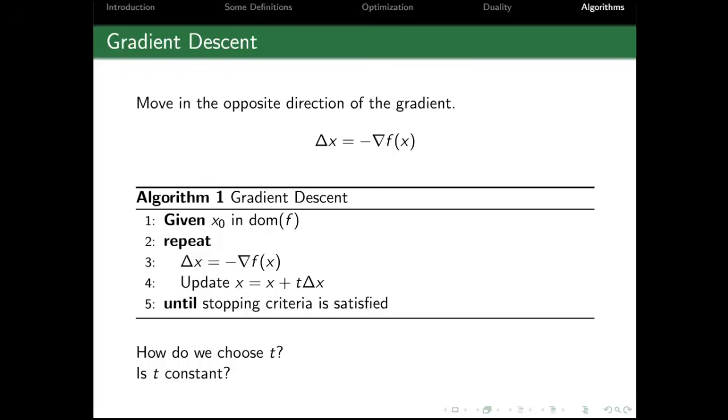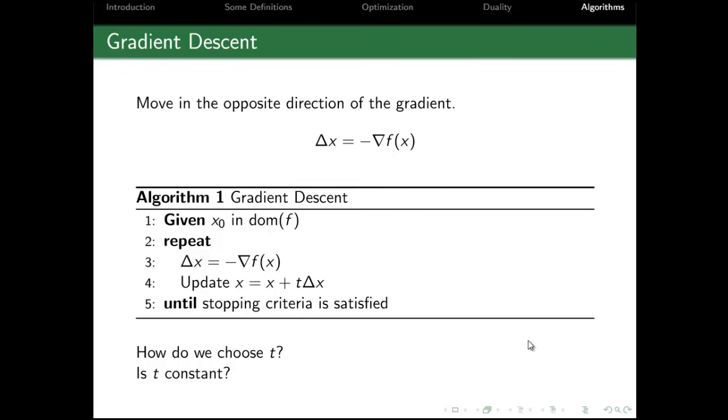The next question is, how do we choose t? Should t be constant? In the ideal case t should depend on the curvature of the function. If you look at the graph in the previous slide carefully, wherever there is low curvature you could afford to take larger steps, and wherever there's high curvature at the bottom, especially where there's the minimum, you should take small steps of t so that you don't jump over the minimum value.